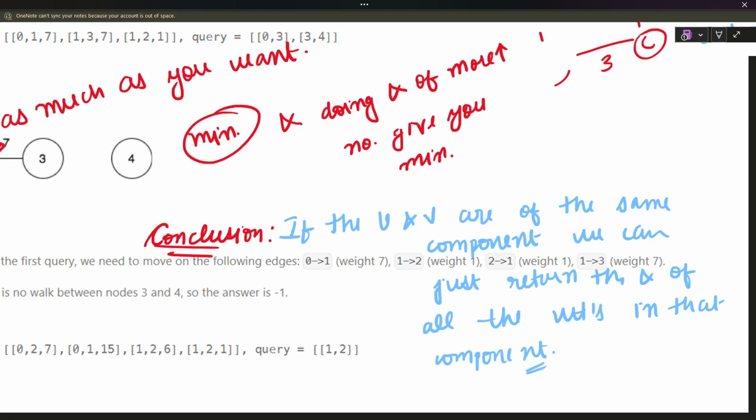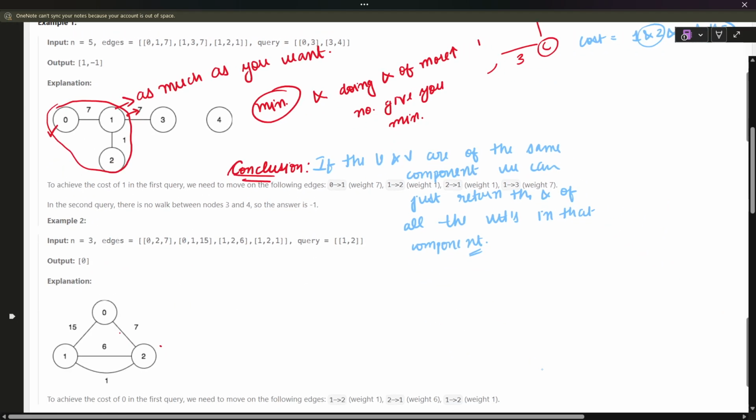Okay, so that's what we can do. So this is what we are going to do. So it's easy, I guess. It's not that much of a difficult. We have understood the question.